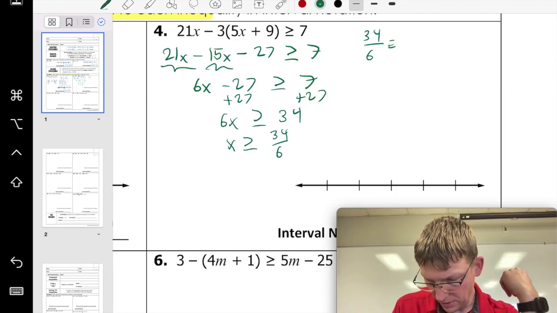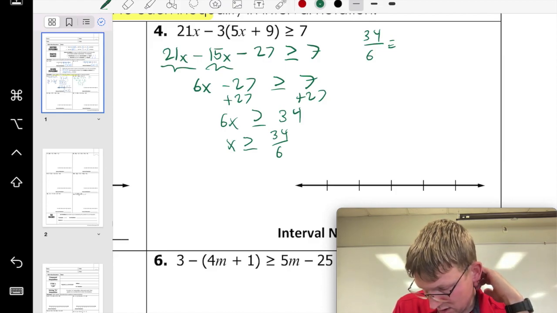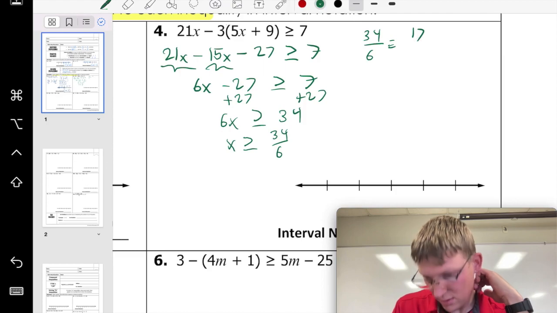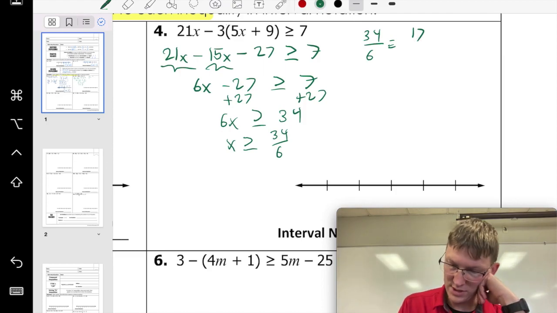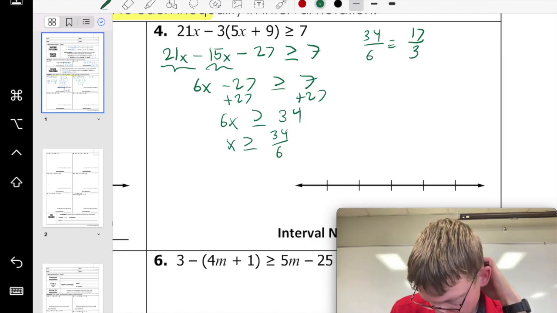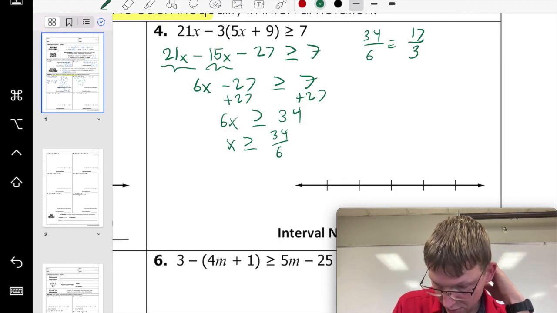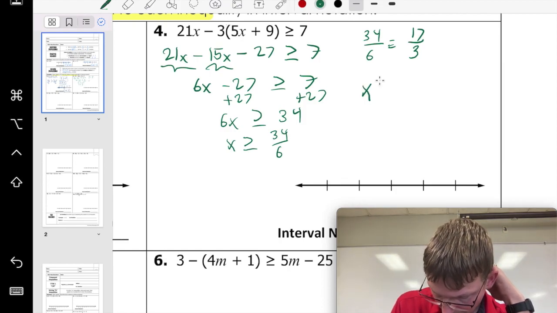So 34 divided by 2 is 17, right? Yeah, 17. And then 6 divided by 2 is 3. That's about as low as we go. So our solution is x is greater than or equal to 17 over 3.